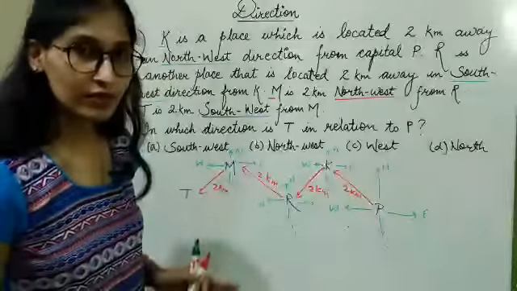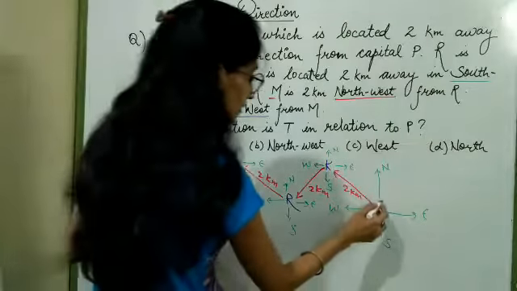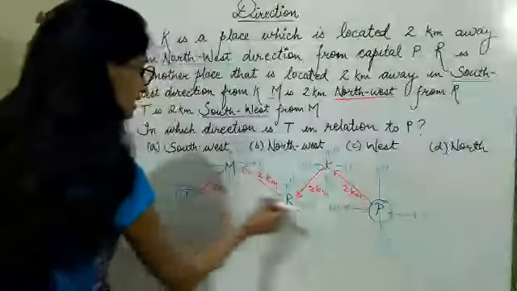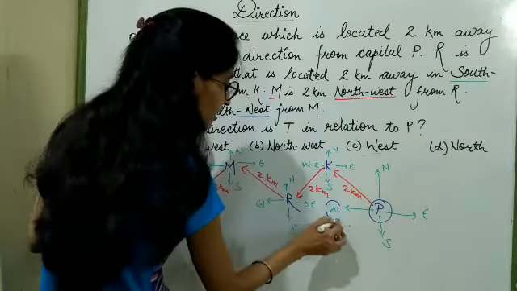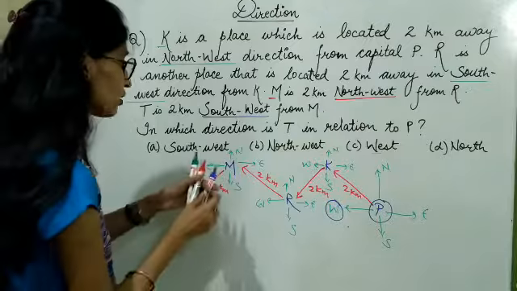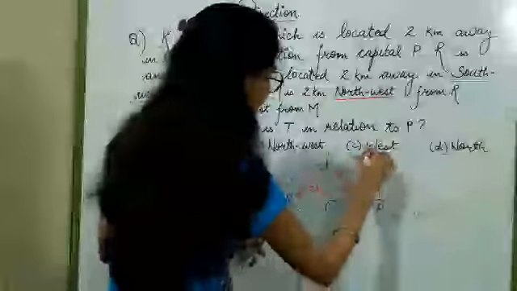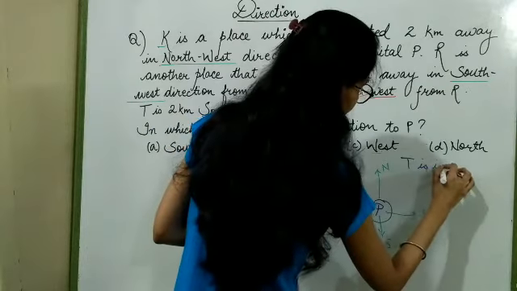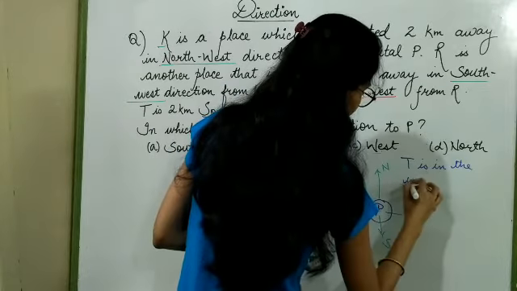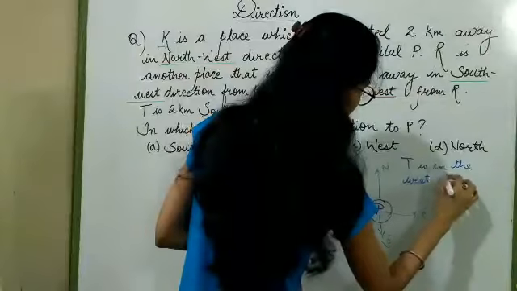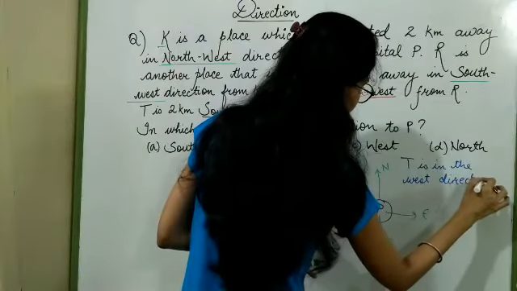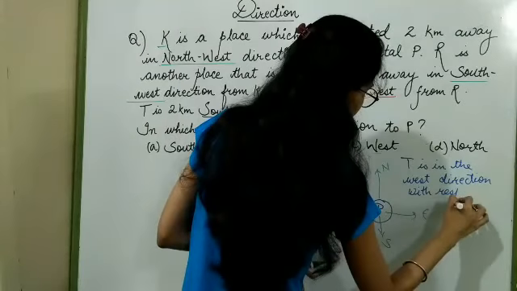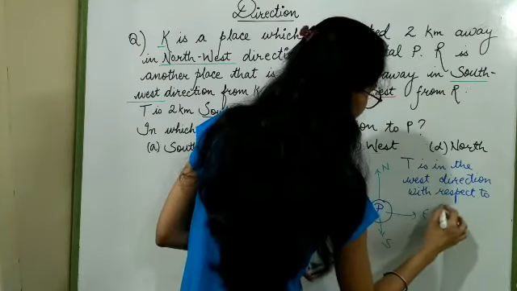Now I have to give the direction of T with respect to P. So T is located west of P. So my correct option is option C. T is in the west direction with respect to point P.